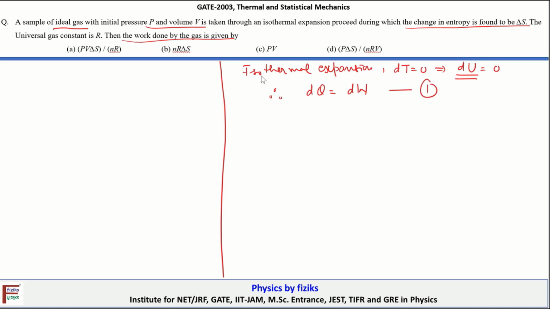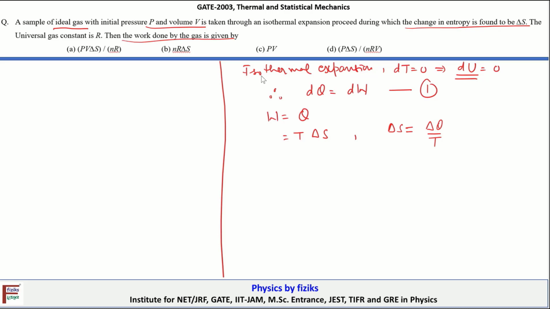So work done is equal to the corresponding heat exchange involved. What is Q? That is equal to T delta S. Here we have made use of the result that delta S is equal to delta Q by T, which is basically the second mathematical definition of the second law of thermodynamics.